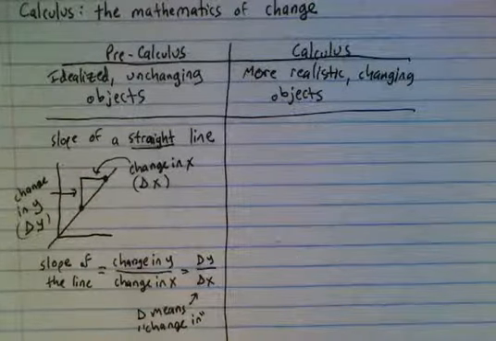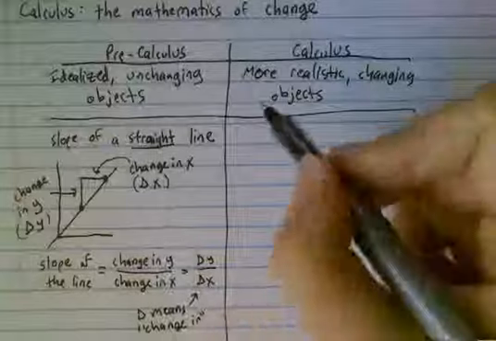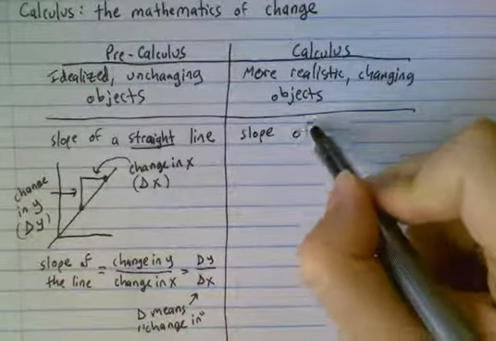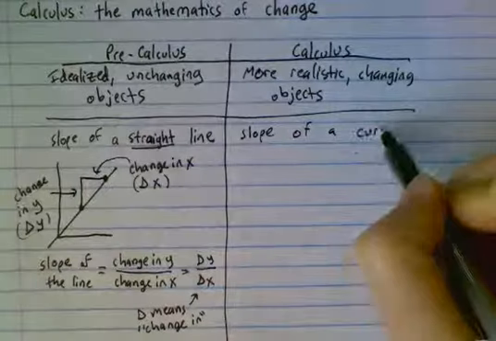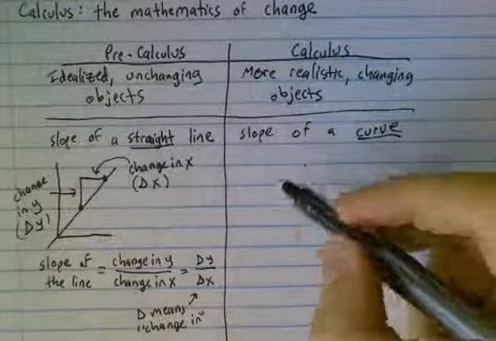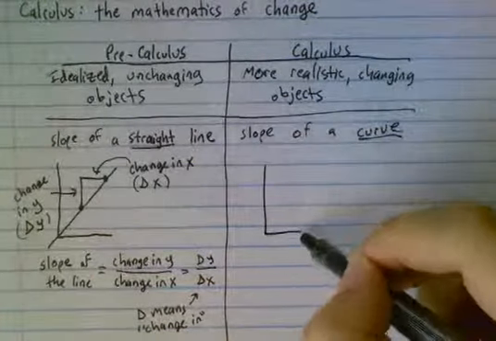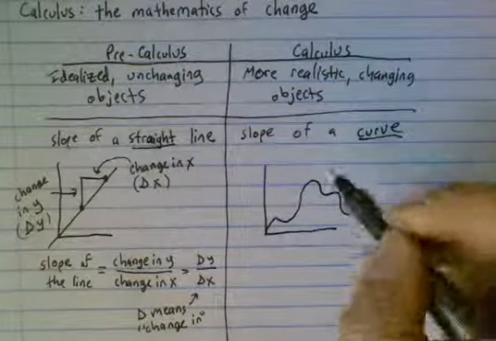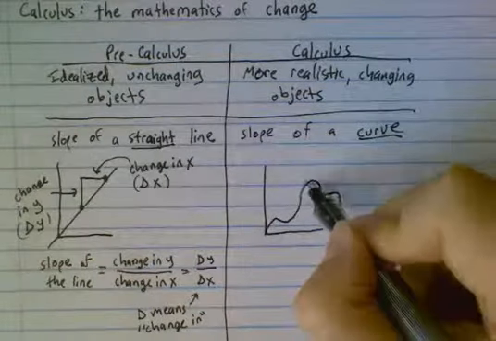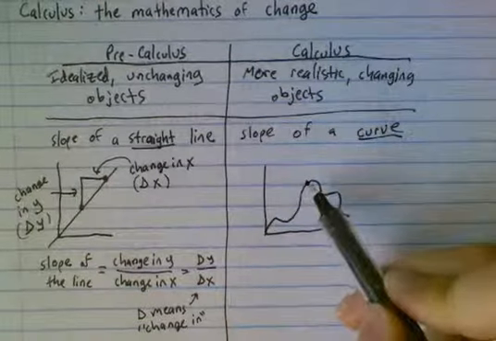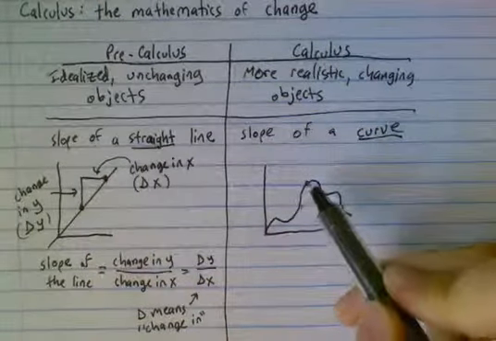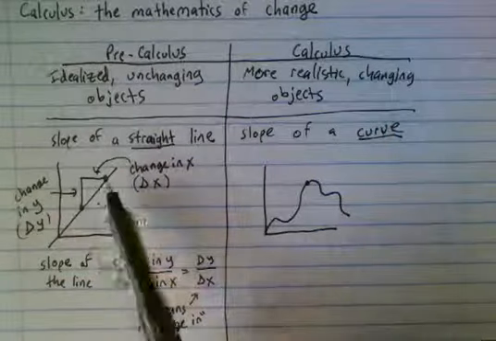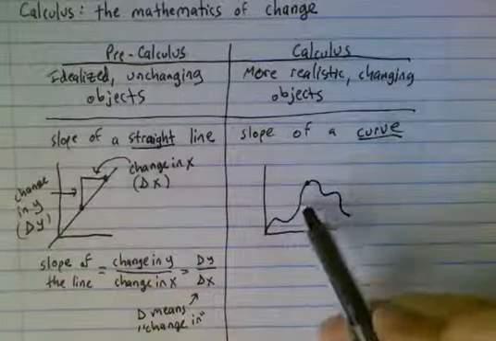However, calculus deals, instead of with the slopes of straight lines, with the slopes of curves. So for example, imagine we have something like this. At this point right here, we're trying to figure out what the slope of the curve is. And we can't do change in y, change in x the same way we did here because we can see that this is curved.